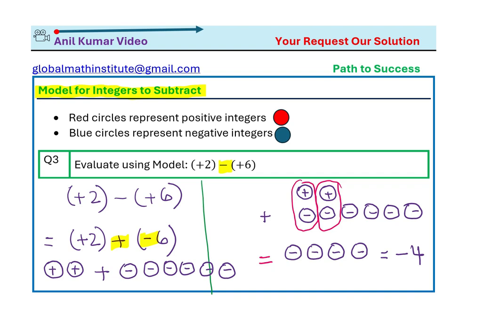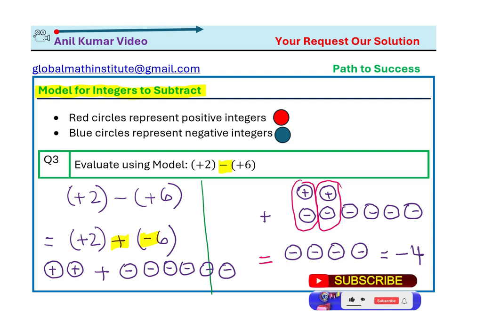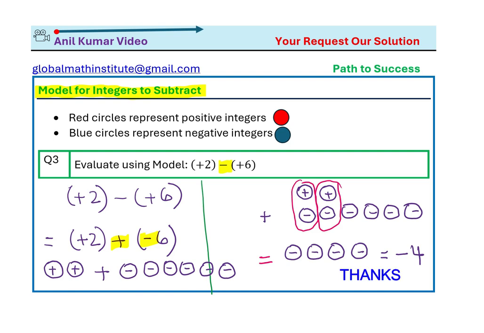So, with the help of counters, we can write a positive integer 2 with two positives, negative integer 6 with six negatives. And when we combine, apply the zero principle. That gives you zeros for two of these terms from each side, leaving four negatives, which becomes the answer. So I hope this concept is absolutely clear.